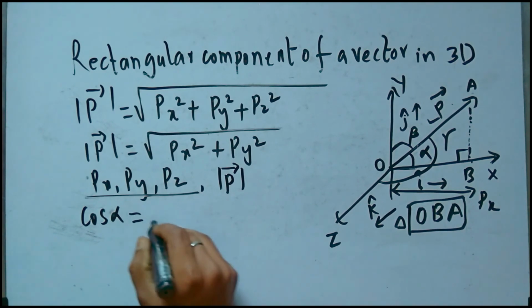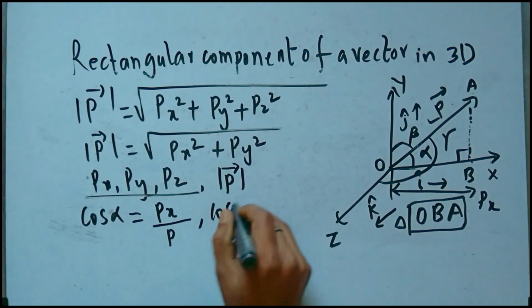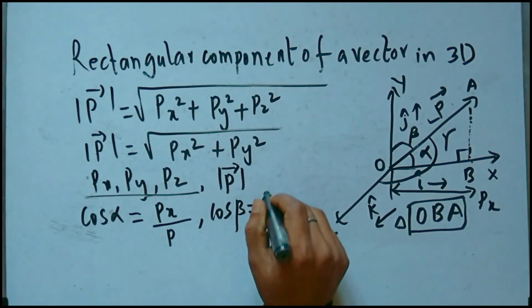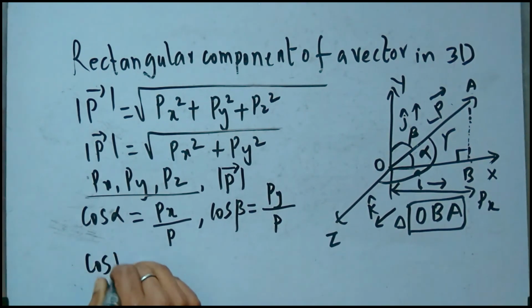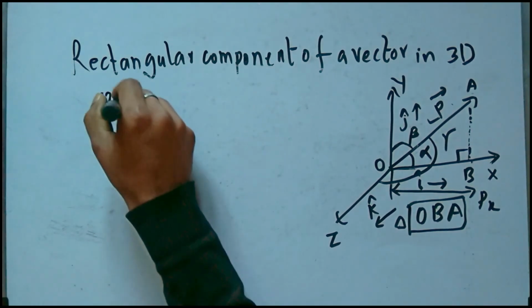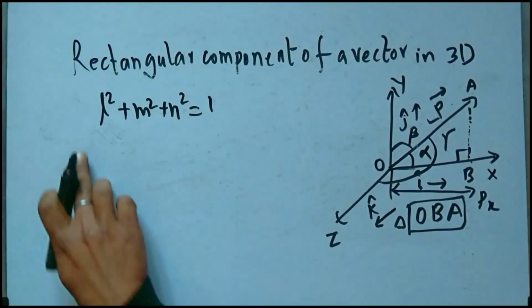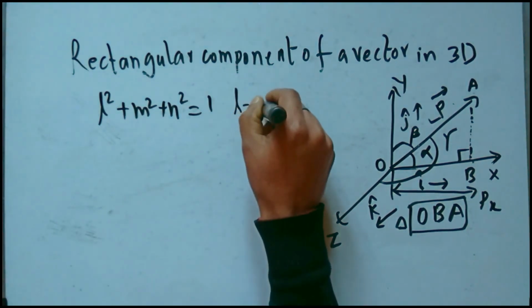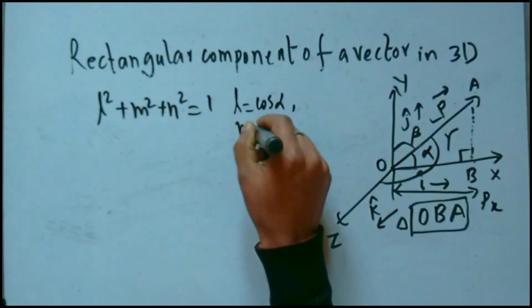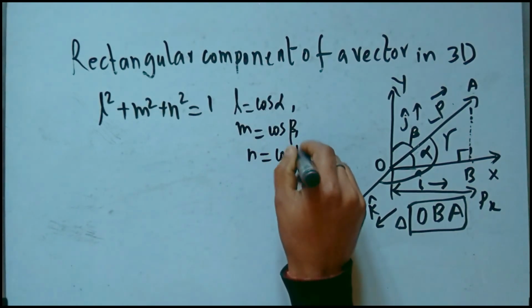So cos alpha will be equal to Px by P, cos beta will be equal to Py by P. Similarly, cos gamma will be equal to Pz by P. In coordinate geometry, you will learn L square plus M square plus N square is equal to 1, where L is equal to cos alpha, M is equal to cos beta and N is equal to cos gamma.